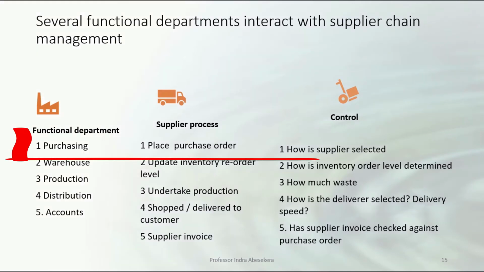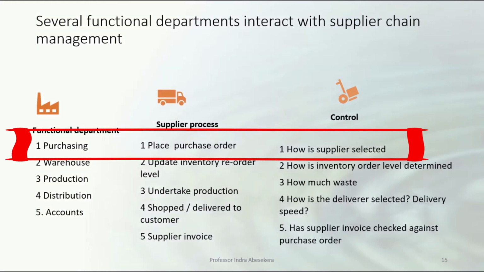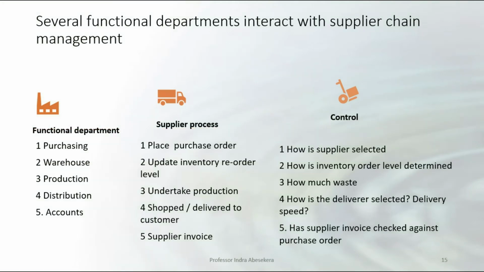But along with that, now that we have understood, there should be controls. There should be some way of checking whether the purchase orders are effectively done, efficient and accurate. So there are controls being placed by the firm. For example, how is the supplier selected?